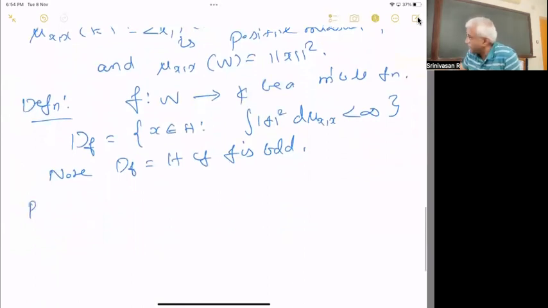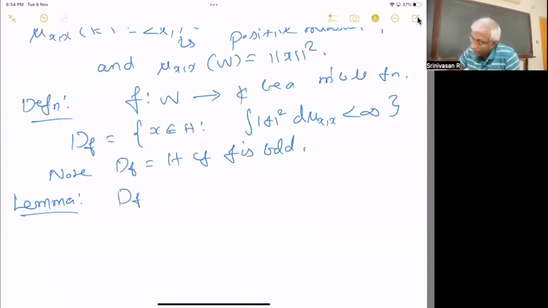Lemma. I haven't called anything a lemma, so I will call this a lemma. f is measurable, and we have all the notations as before.